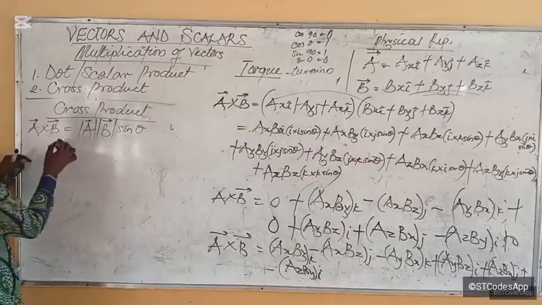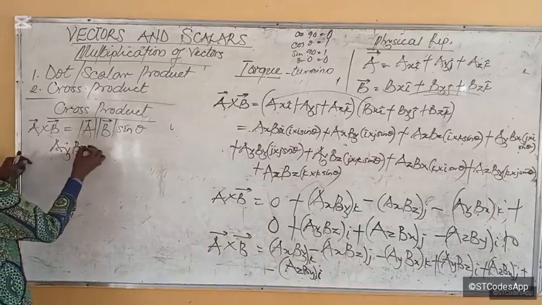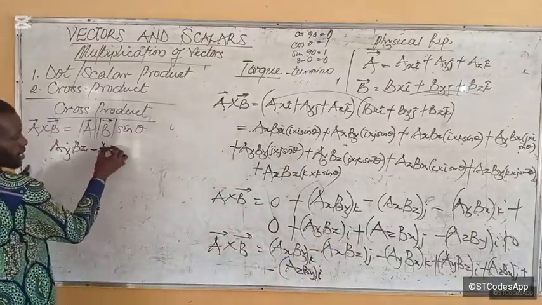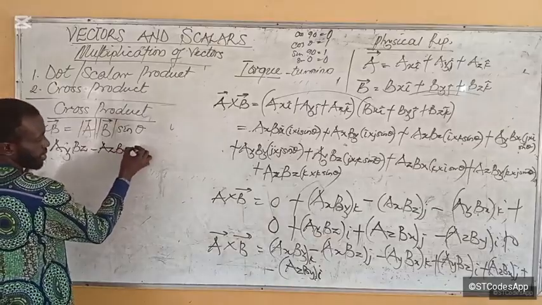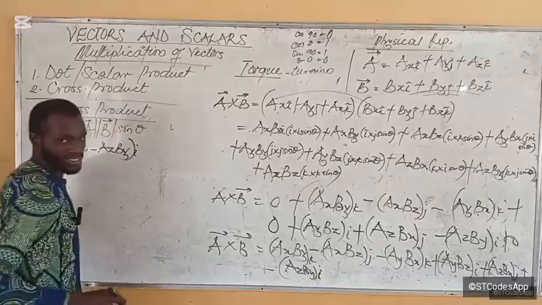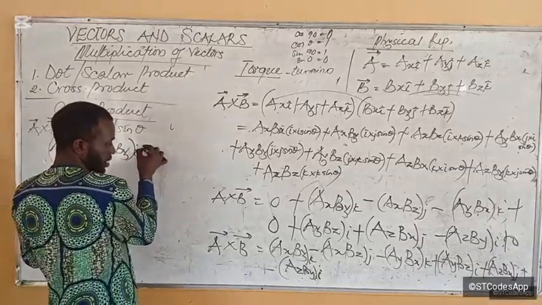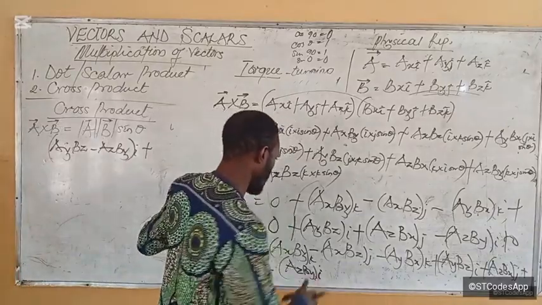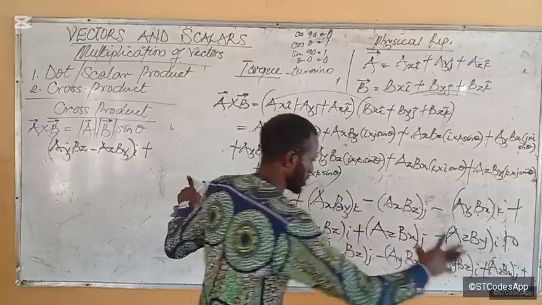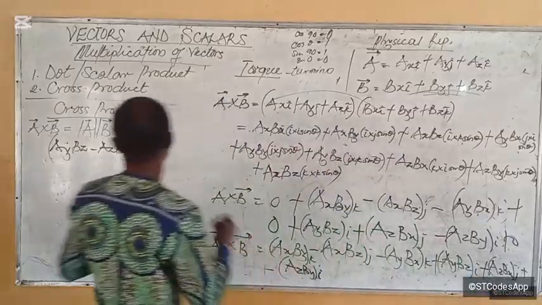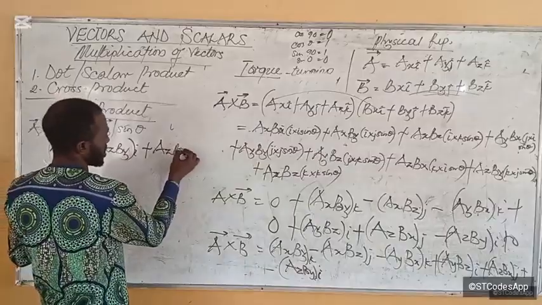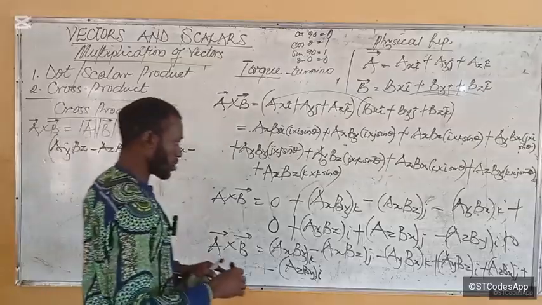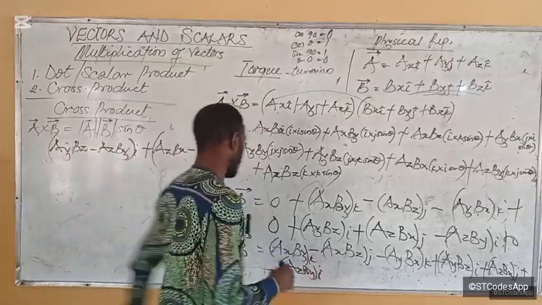It becomes AYBZ I minus AZBY all I. Make sense? Then plus J is next. Which do you have as a positive J? Yes, AZBX J. So AZBX minus which other J? AXBZ.